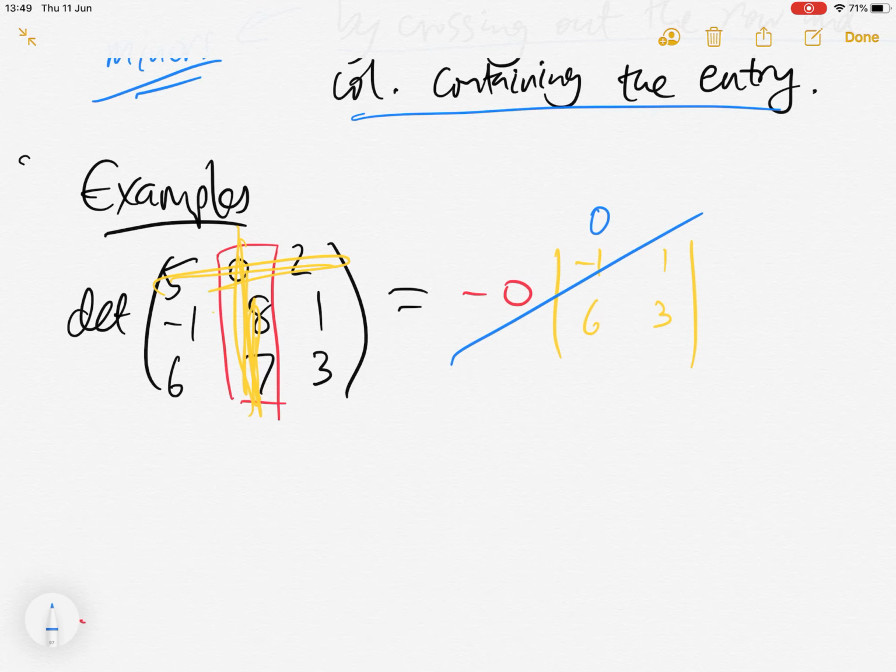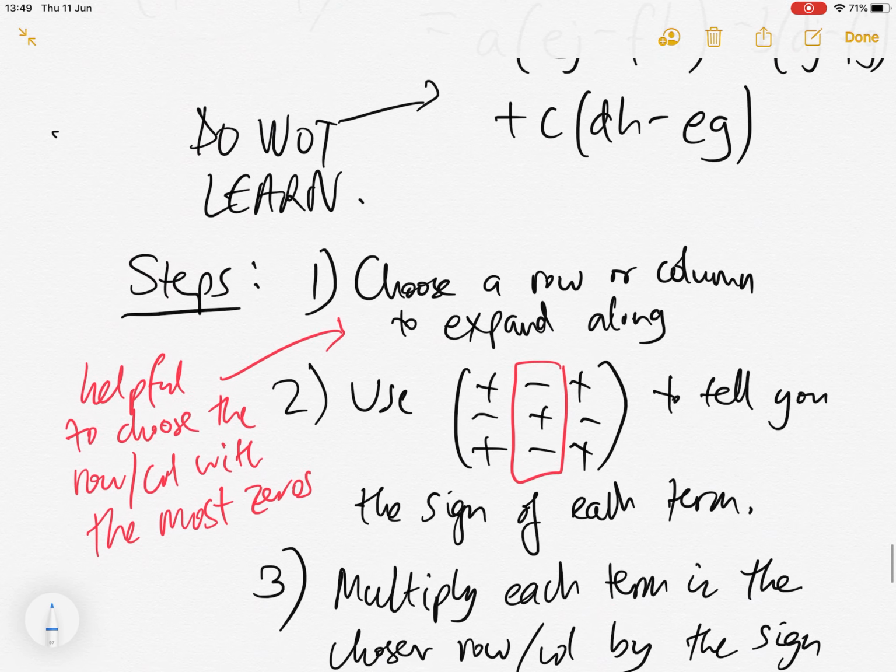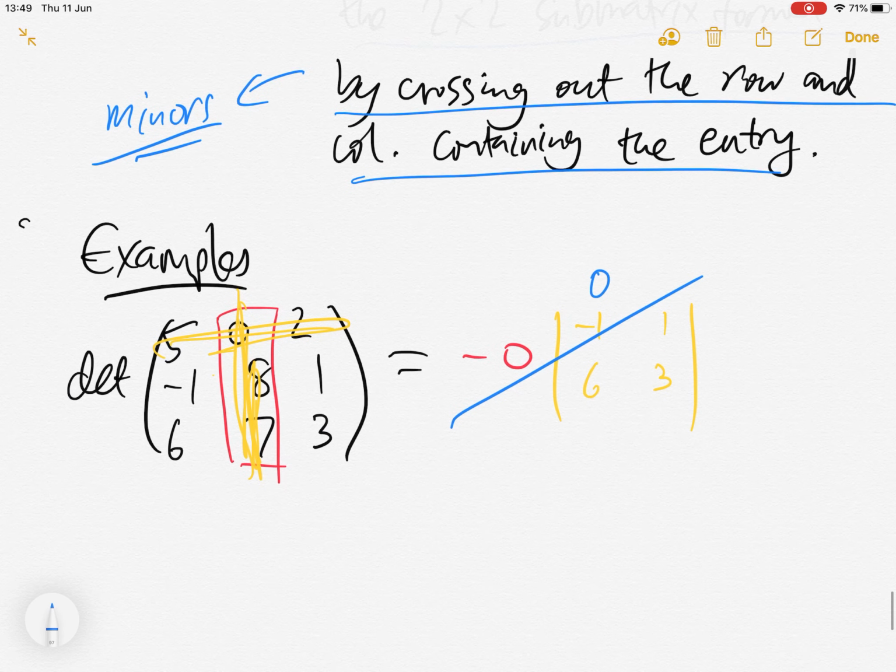It's just 0. And then we add, because the next thing's a plus, so now we're going to add 8 times the determinant, the minor that's left, made up of the other 4 terms, 5, 2, 6, 3.